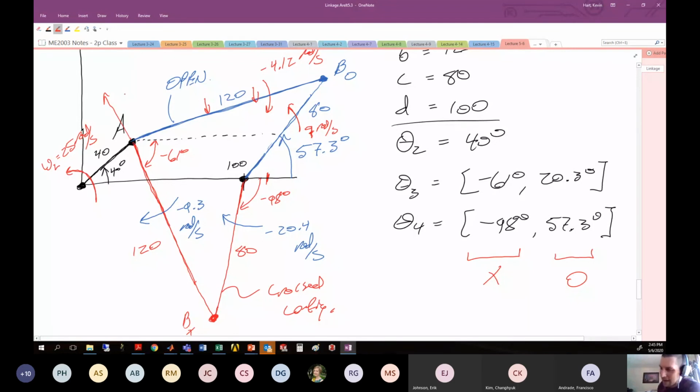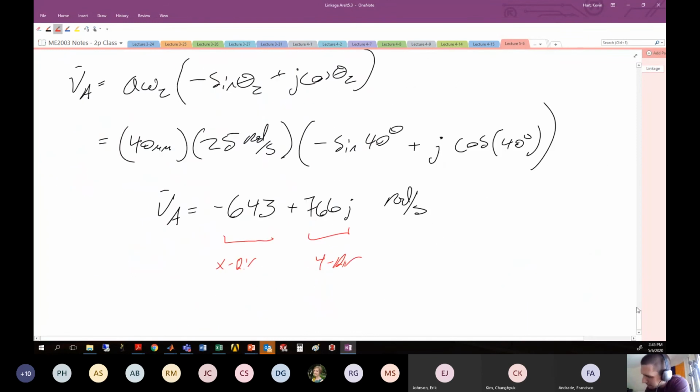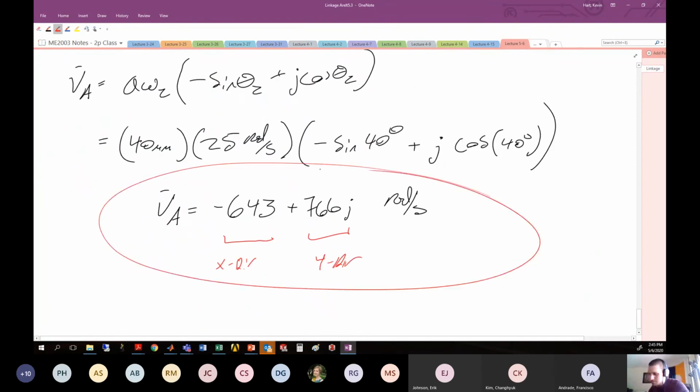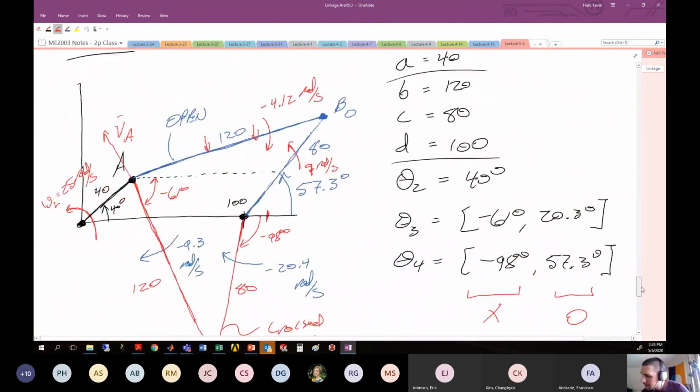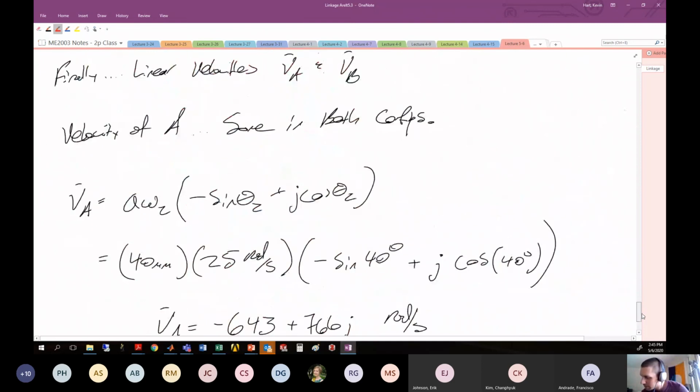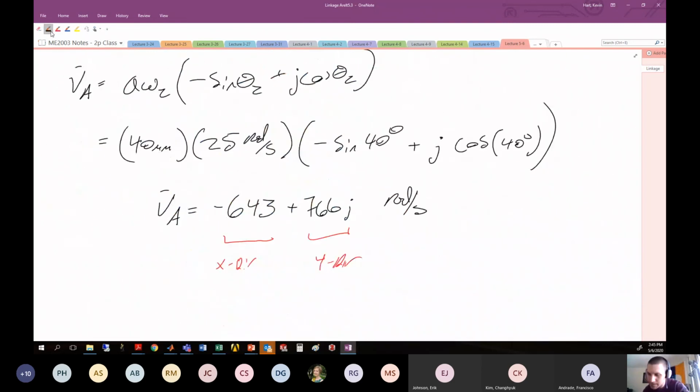So positive in the y and negative in the x, which is exactly what we see with this analysis. Positive in the y, negative in the x, or positive in the imaginary direction, negative in the real direction. I like how that velocity vector at A looks. Let's finish it off.